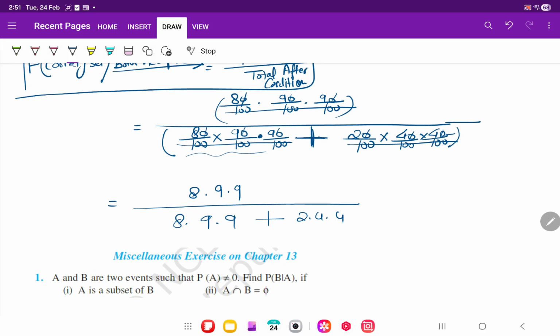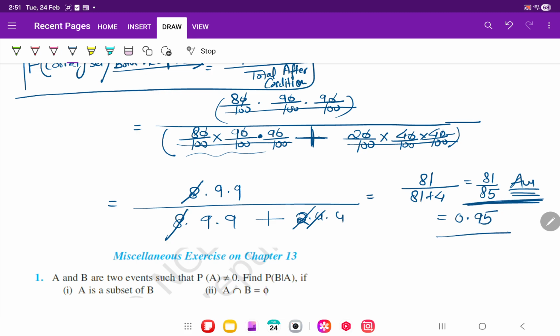So 4 2s are 8, and this 8 and 8 we can cancel. So we are getting 81 by 81 plus 4, which is 81 by 85. This is my answer. Correct? If you simplify, it will be 0.95. So till here, this is the correct answer. I hope you understood how I cancel it.